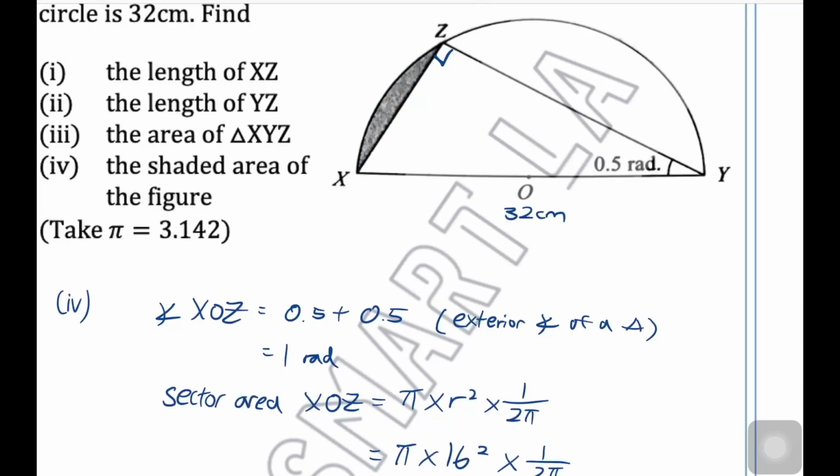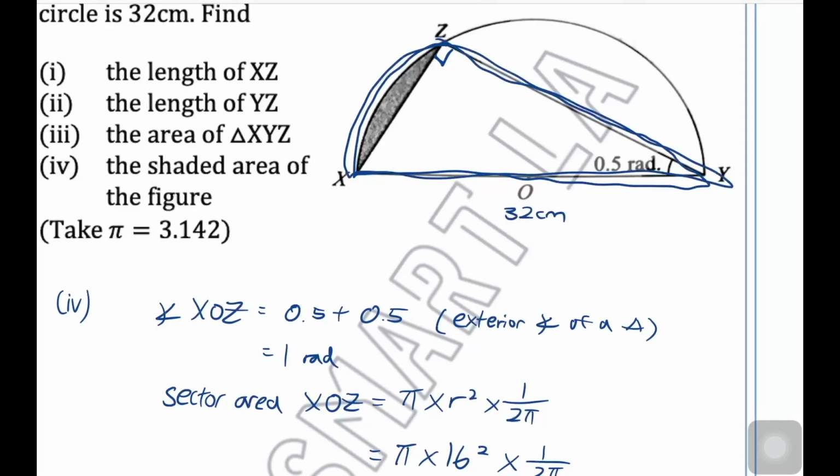Do not go and find the sector area of this. Some students at this stage would think, okay, so I just find this sector area, this XYZ, and then subtract this right angle triangle, right? So getting a little messy.